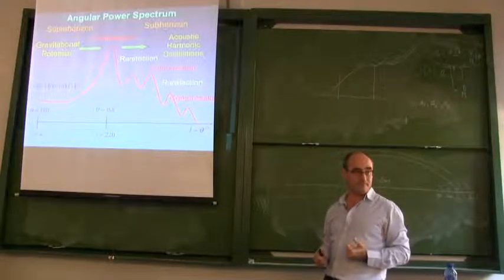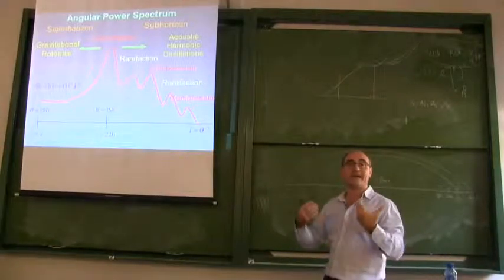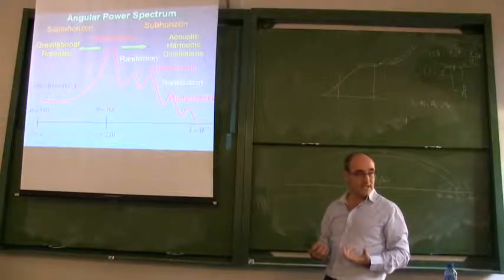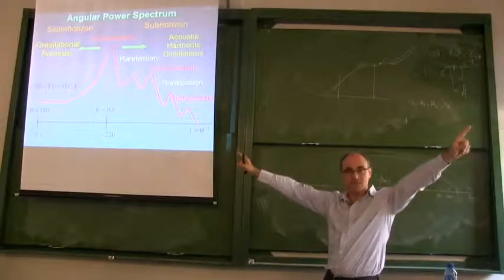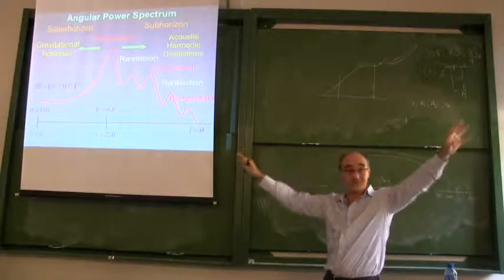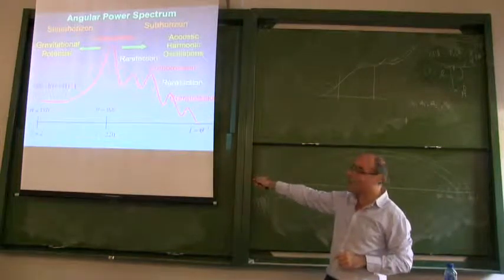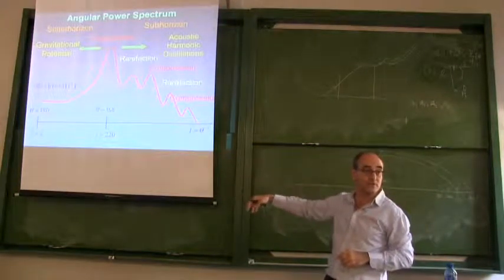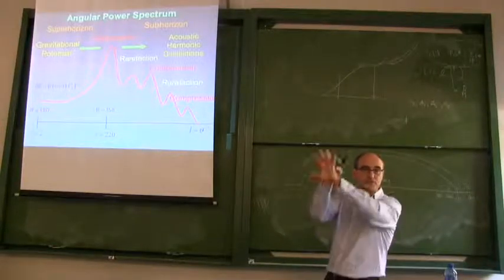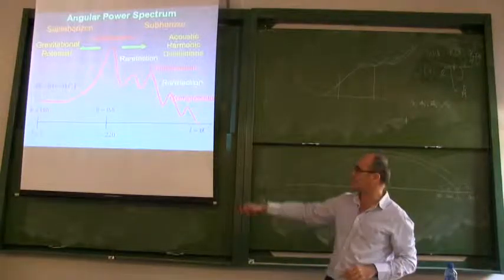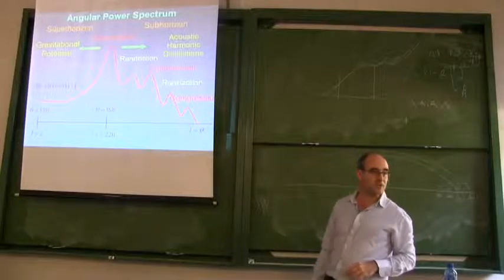They add up. There's a coherent enhancement of the fluctuations. It would not have happened if that patch and that patch were totally uncorrelated, because they would be in different phases, and you would never add up compression and rarefaction. You would end up having compression and rarefaction in different positions. These would essentially give a bump in the power spectrum.